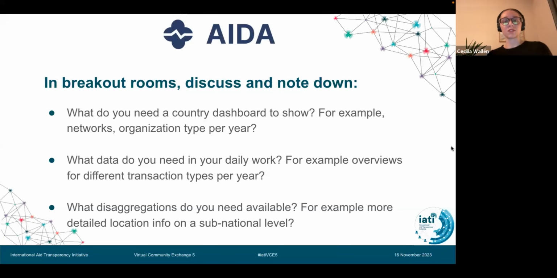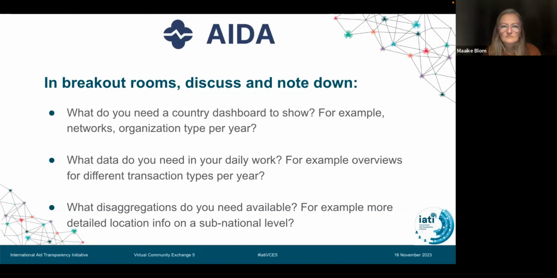We did have some discussions on the importance of showing sectors and, please remind me if I'm missing something, also organization types and so on. We had quite a lot of emphasis on the need for subnational level location sharing. That's also something that was brought up in both question 1 and 3.